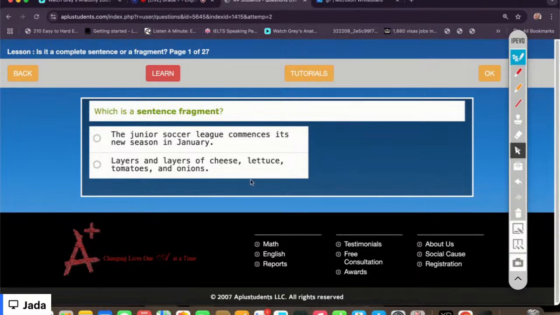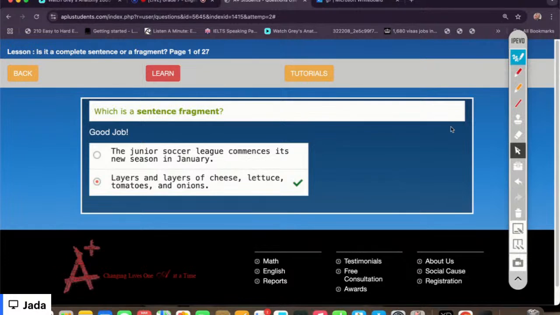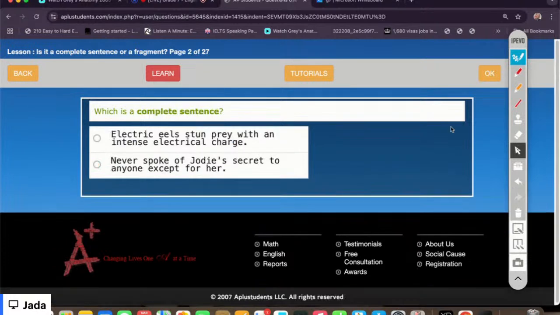All right, so layers and layers of cheese, lettuce, tomatoes is the sentence fragment because we do not have more information about that.